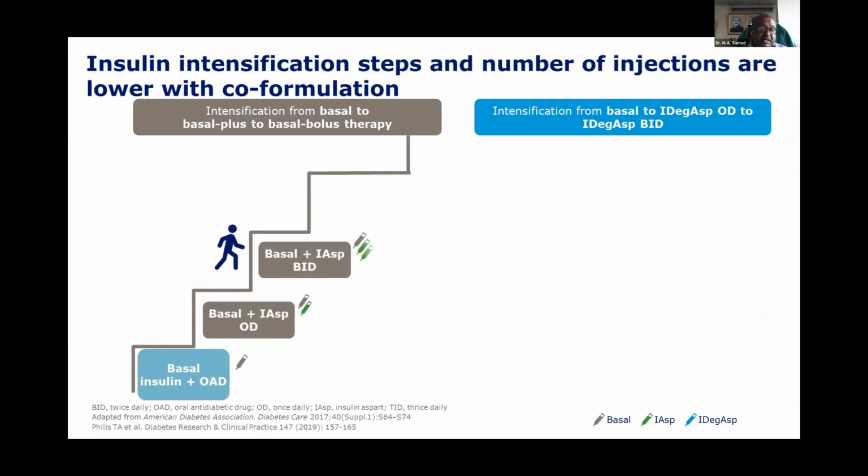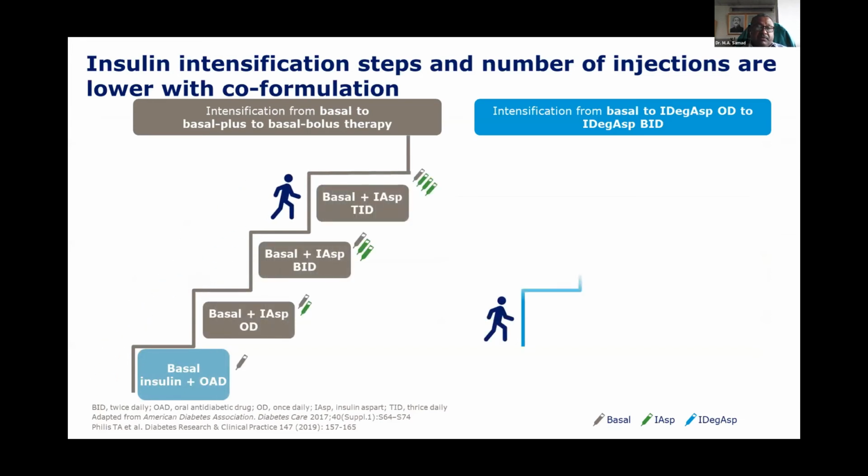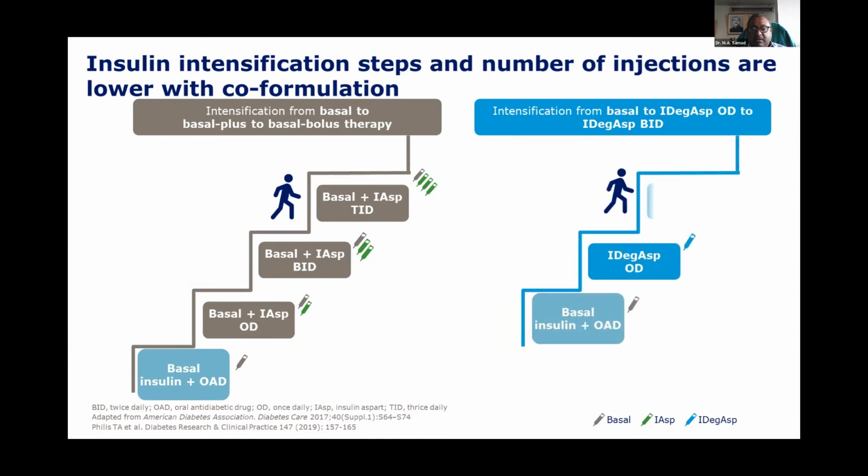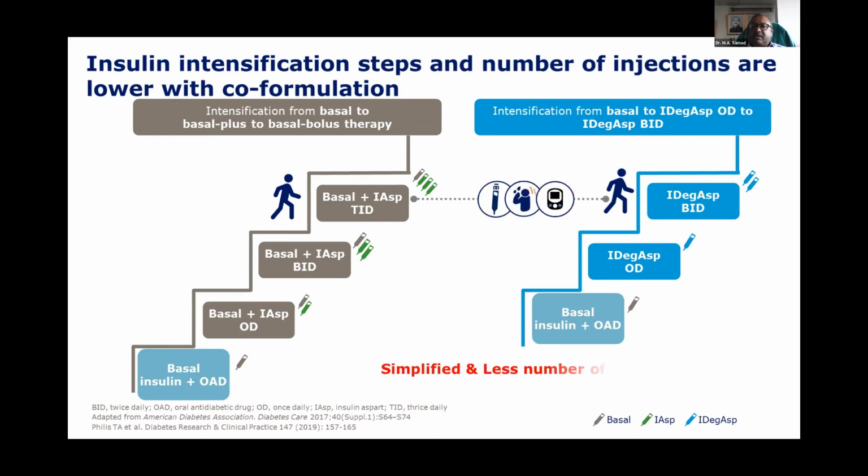As I showed earlier, if I take the basal insulin, then adding aspart, a basal bolus regime, and intensifying, there are many steps. But if you take this co-formulation, you have fewer steps. From basal insulin, directly you can go to IDegAsp once daily.